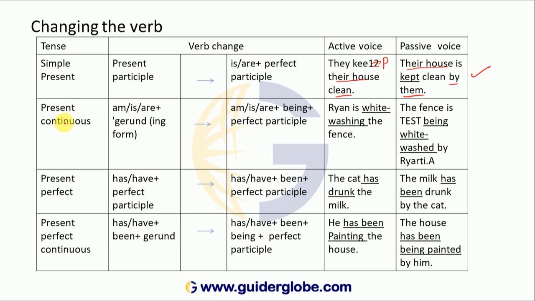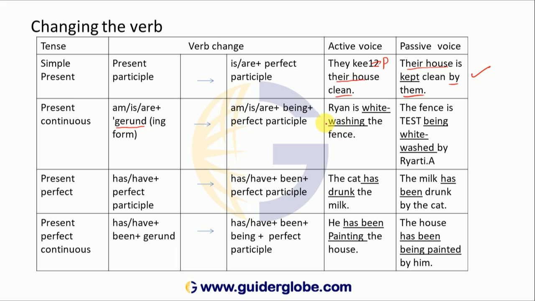What is present continuous? I am going. If ing is added to a verb, then it is called a gerund. G-E-R-U-N-D. They are playing. P-L-A-Y-I-N-G. Playing is called a gerund. Then what do I have to do?